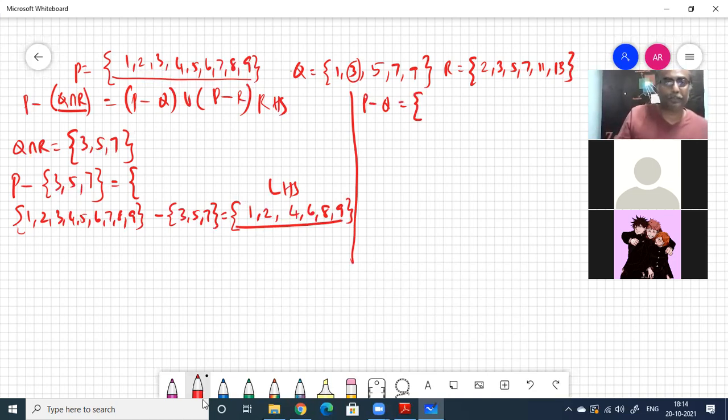Arpana, you tell me what is P minus Q? 1 and 1 are there, so this will cancel out. 5 and 5 are there, they will cancel out. So 2, 4, 6 and 8. Yes, P minus Q.